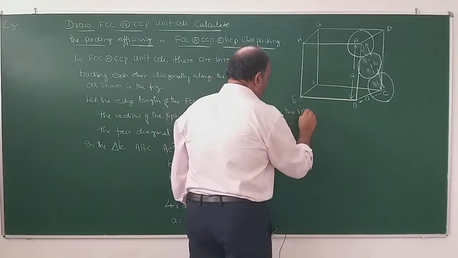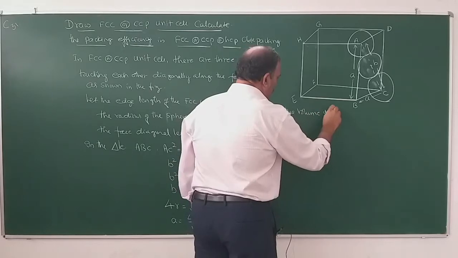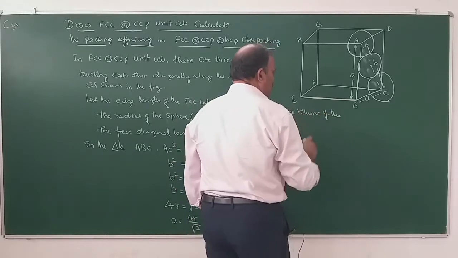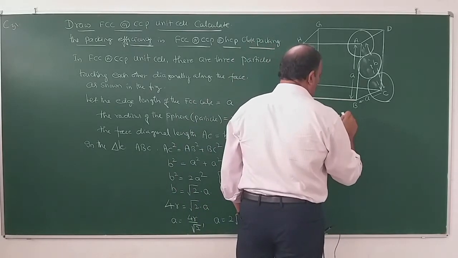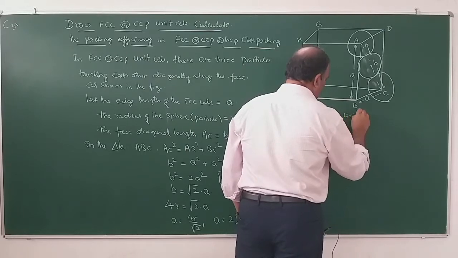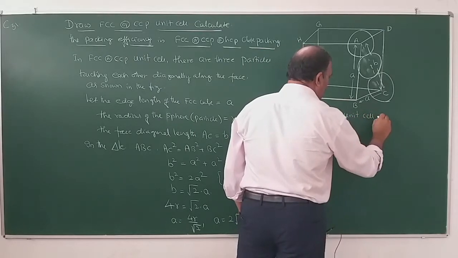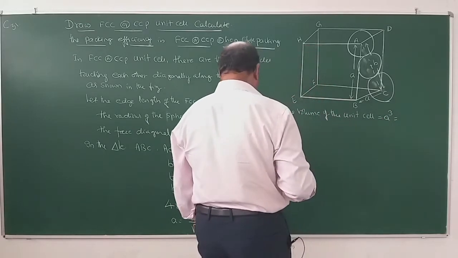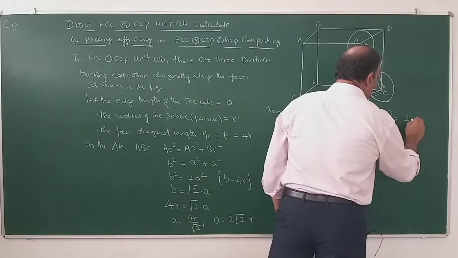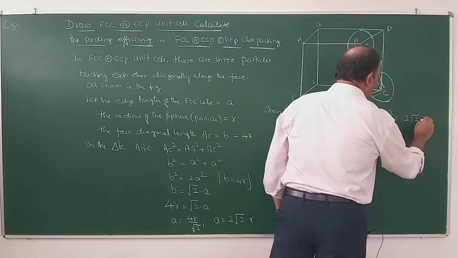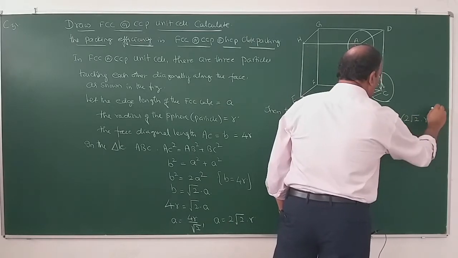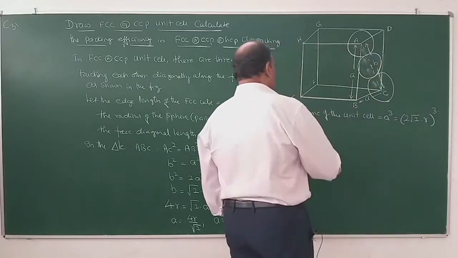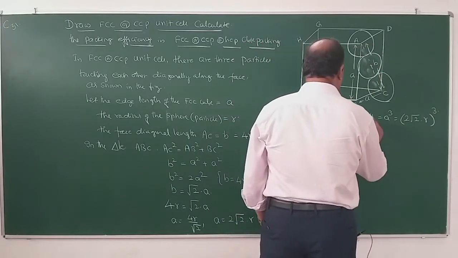The volume of the unit cell is equal to a cube. So what is the value of a? That is 2 root 2 r whole cube. So this is the volume of the unit cell.